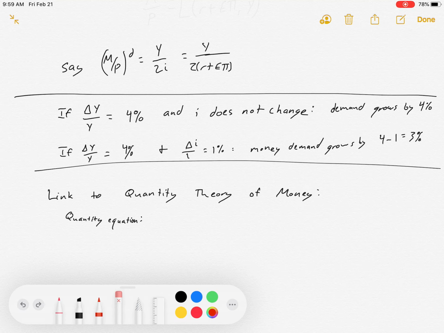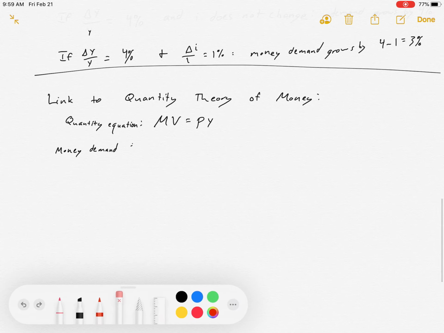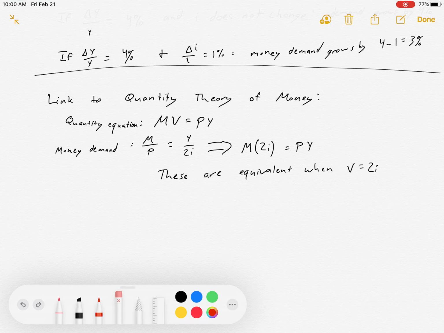We can link this to the quantity theory of money. We have this quantity equation, MV equals PY. And we have this money demand function, which is M over P equals Y over 2I. And we can rewrite this as M times 2I equals PY. So these two things are equivalent when the velocity is double the interest rate.